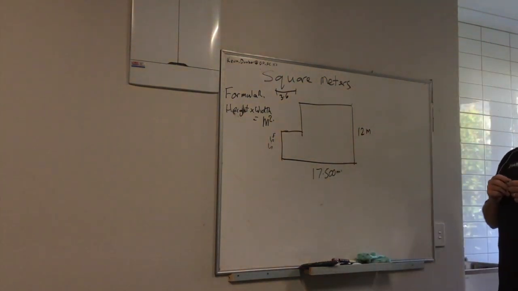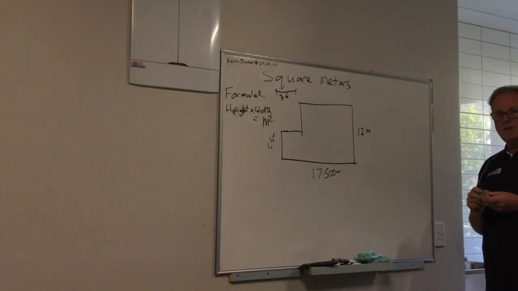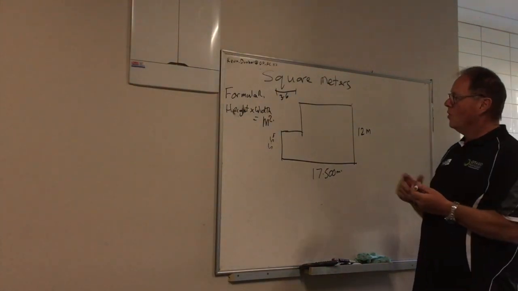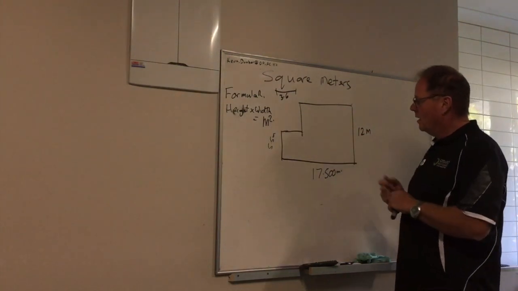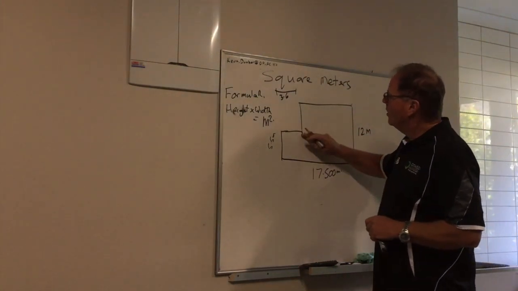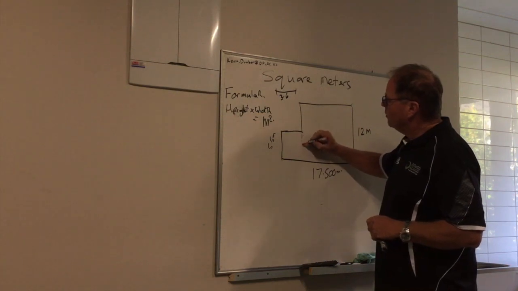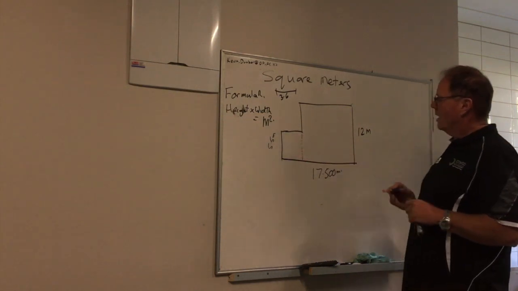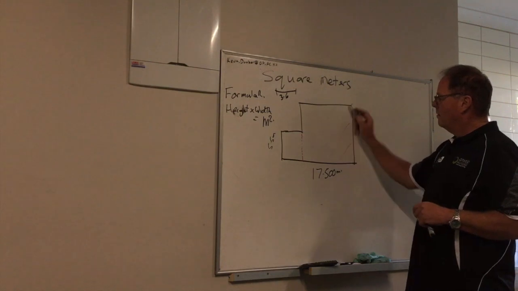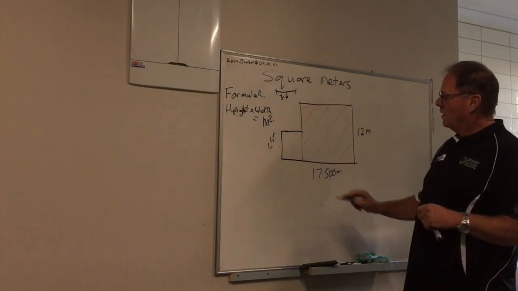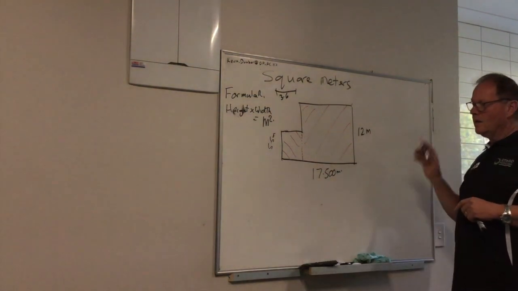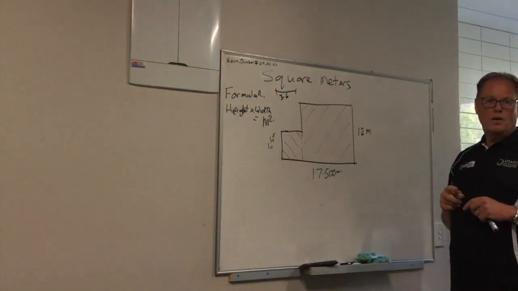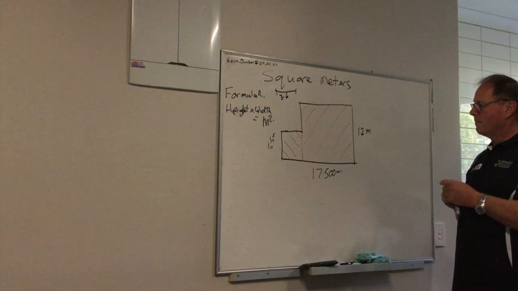Now we've got to work out how many square metres in our house. We're going to do the same formula, but divide it into 2. We'll put a wee dotted line, work out this shape, then add the other shape, and the two together will give us our total metres square for our building.